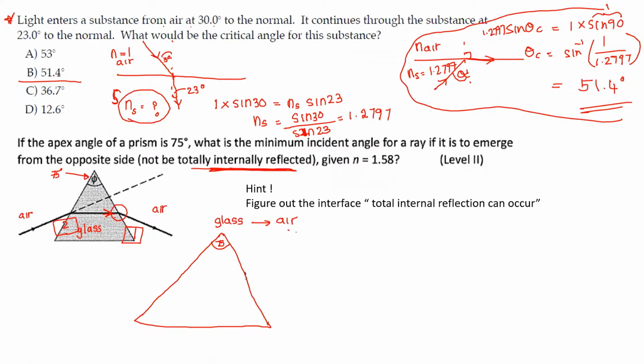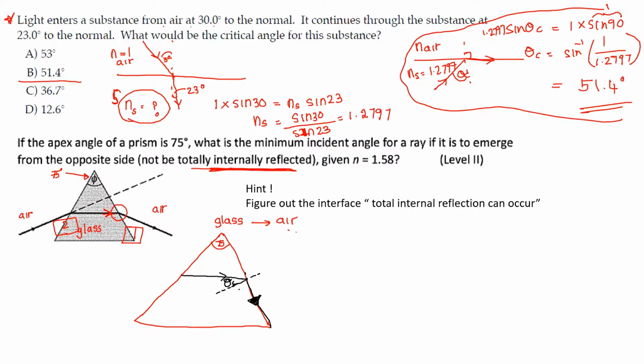So you want your refracted ray to go like this. That's the limiting condition, right, for total internal reflection not to happen. And your incident ray here should come with the critical angle.